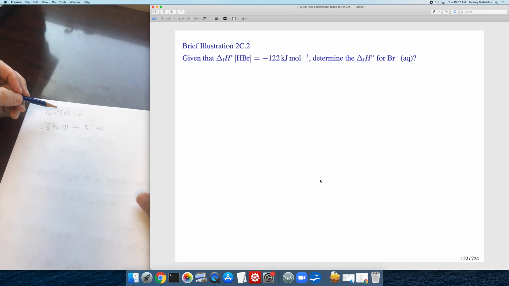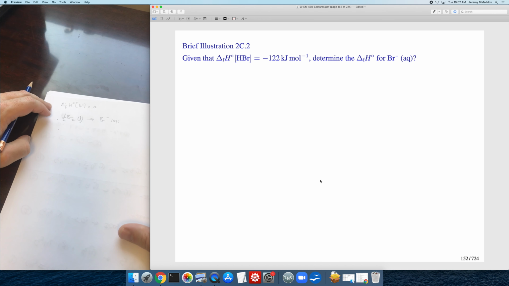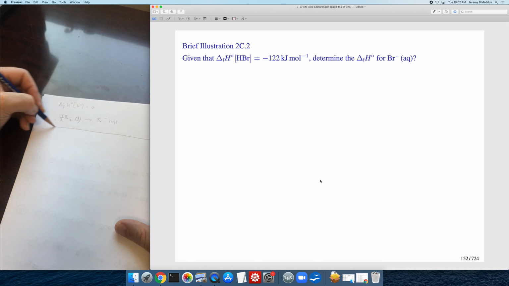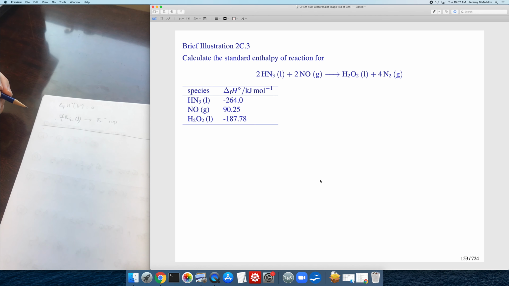Actually, if you ask me, this problem is not written up correctly. I'm going to go ahead and just move on from that.